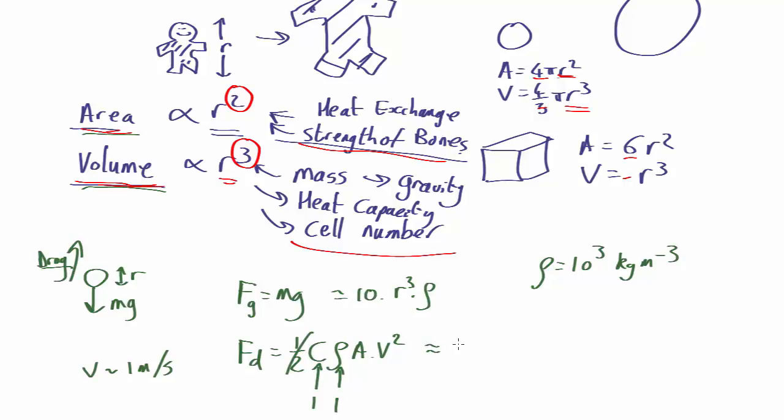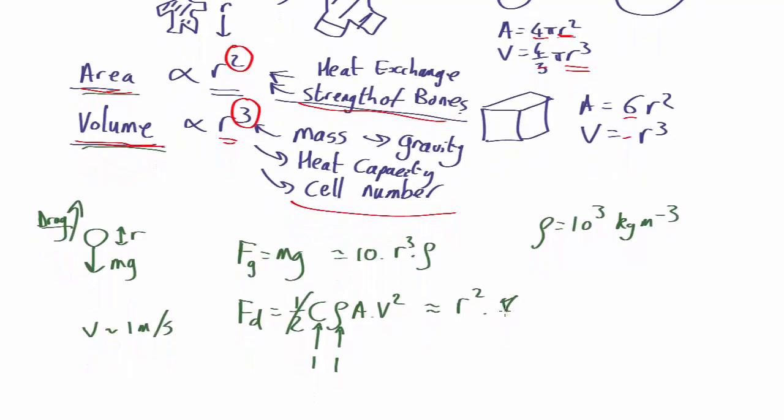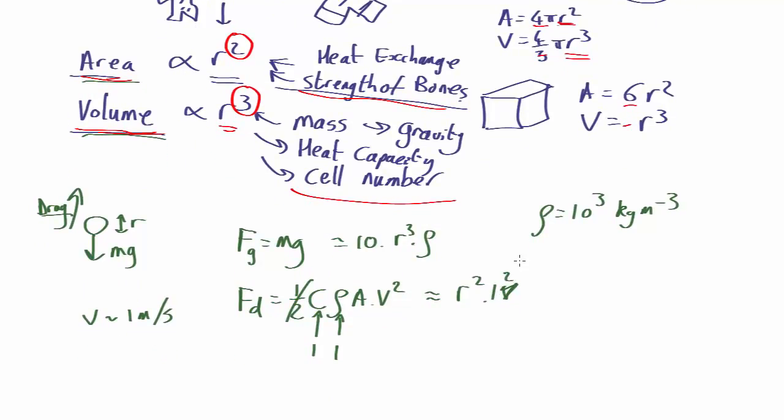So that comes out as about the area, r squared, times v squared, which is about 1. So now we can look at the ratio F drag over F gravity. It's going to be about r squared over 10 to the 4 r cubed. That's going to be roughly 10 to the minus 4 times 1 over r.